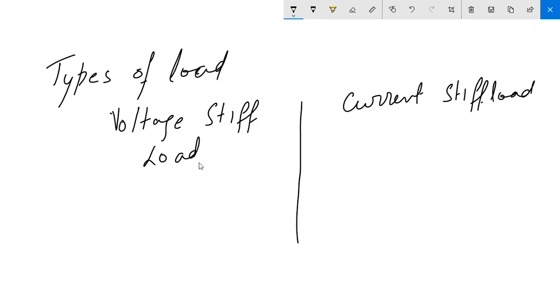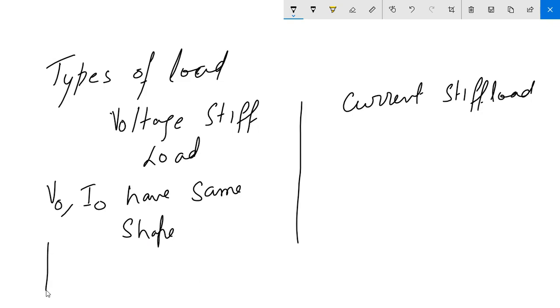Okay, so what do these two mean? Suppose your output voltage V naught and output current I naught have the same shape. That means if your output voltage is of this kind, the output current must also be of this shape.